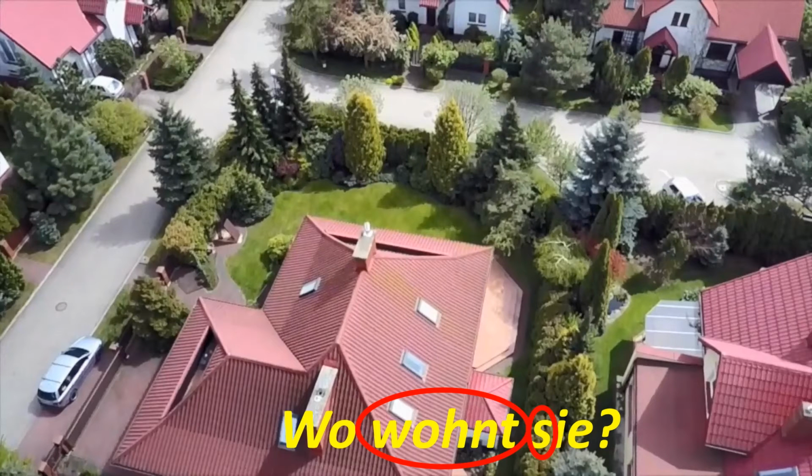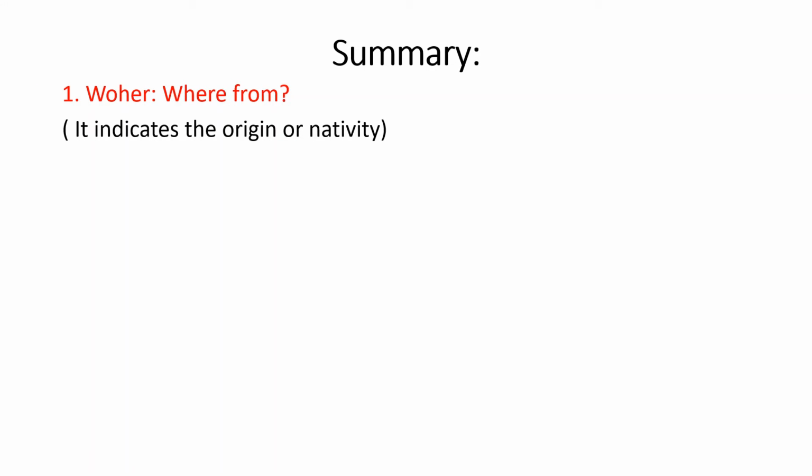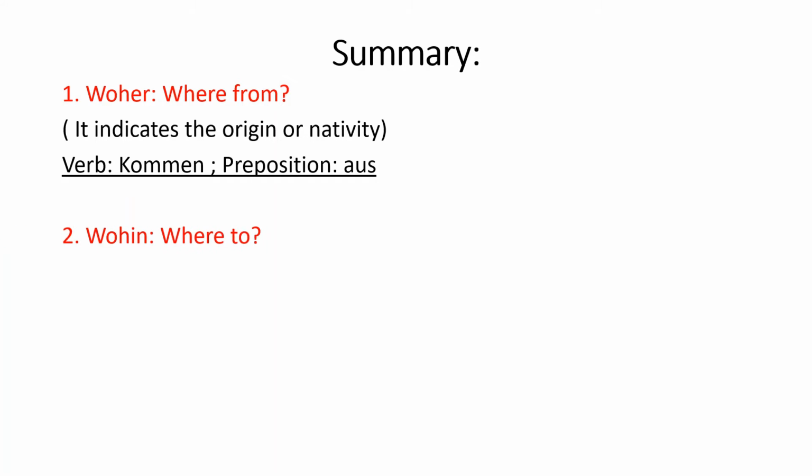To summarize all of this, the first question word is woher, where from. It indicates the origin or nativity. Verb associated with woher is kommen and preposition is aus. The second word wohin, where to.